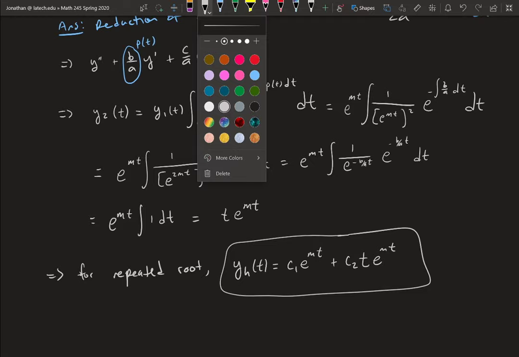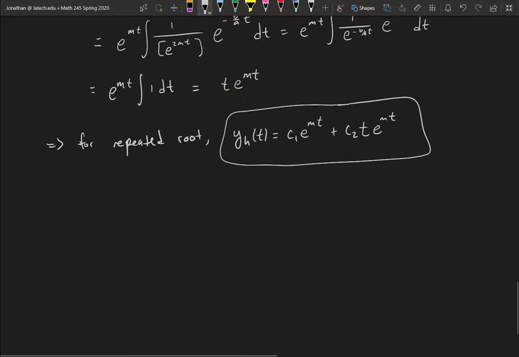All right, let's look at an example here. y double prime minus 10y prime plus 25y equals 0. Find the general solution.